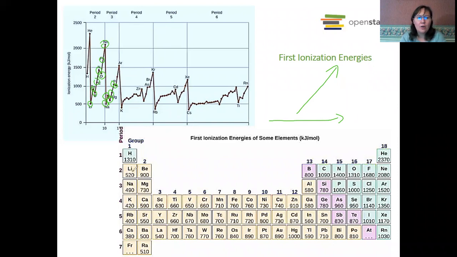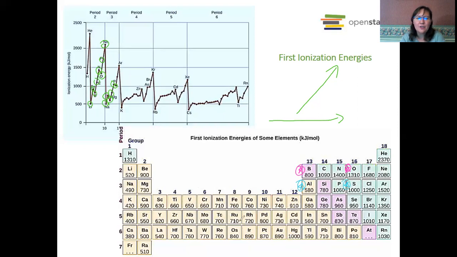So here we go, 520, 900, down to 800. Okay, 1090, 1400, down to 1310. Now let's take a look here. We have 490, 730, down to 580, 780, 1060, down to 1000.